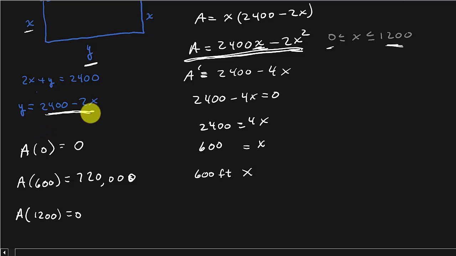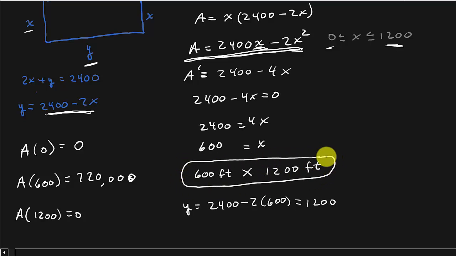That's this right here. So y is equal to 2400 minus 2 times 600, which is going to be 1200. So that's by 1200 feet. That would be the dimensions that give me the largest area.